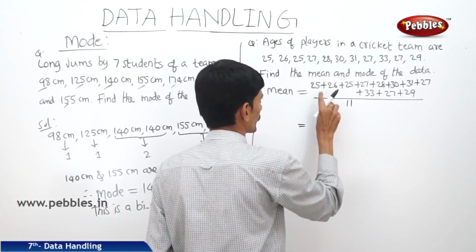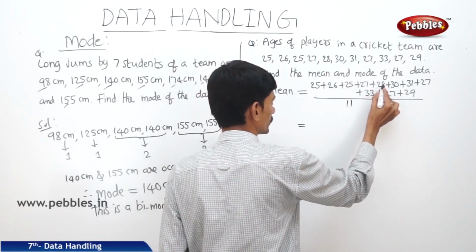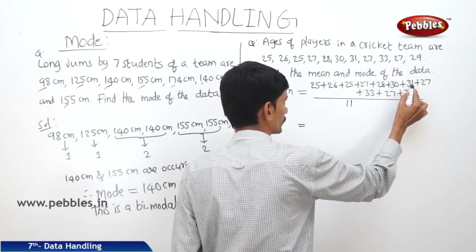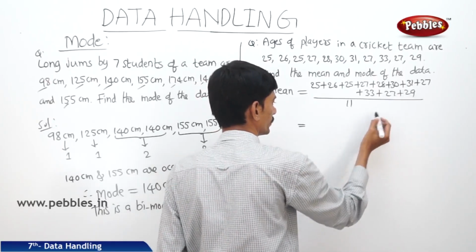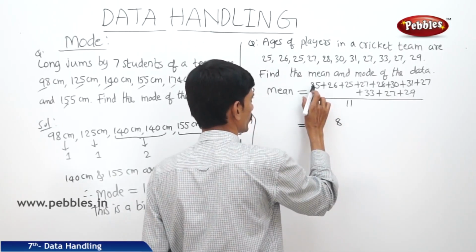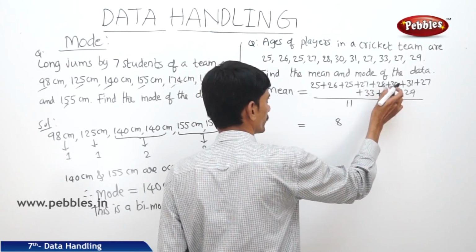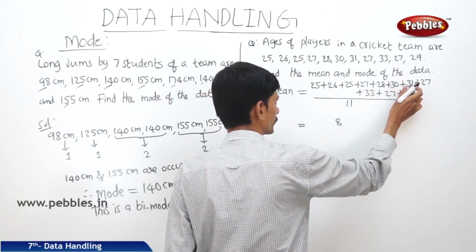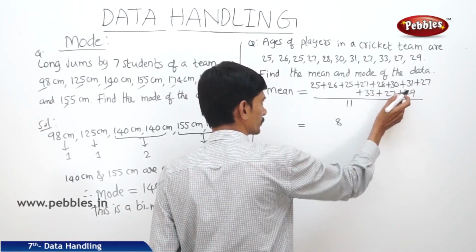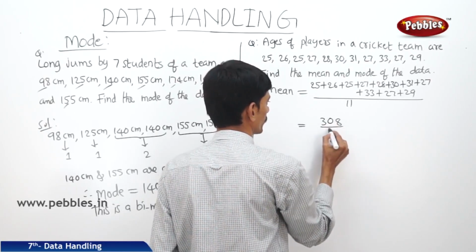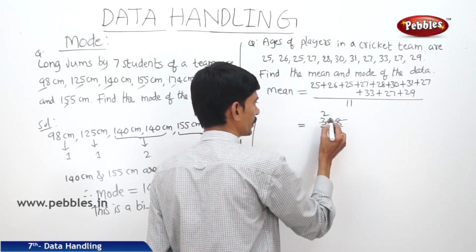Now adding the values, the sum comes to 308, divided by 11. 11 ones are 11, 11 twos are 22, 8 remainder, 11 eights are 88.